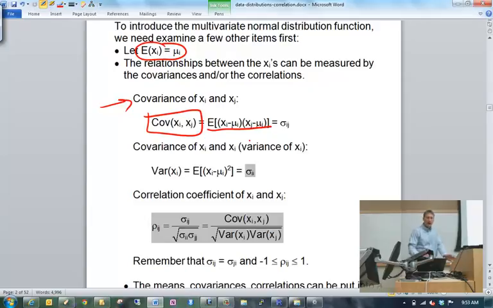It's an expected value of how much your random variable deviates from its corresponding mean times how much another random variable deviates from its mean. And this is going to be denoted symbolically, I know a lot of symbols today, by sigma sub ij. Very standard. This is what people use. So I did not invent this notation.